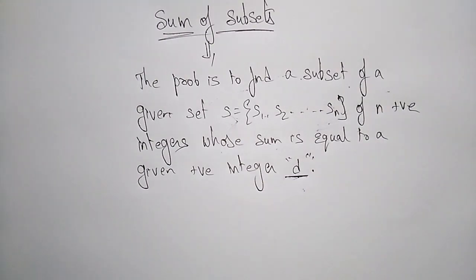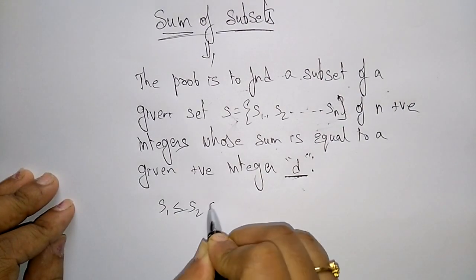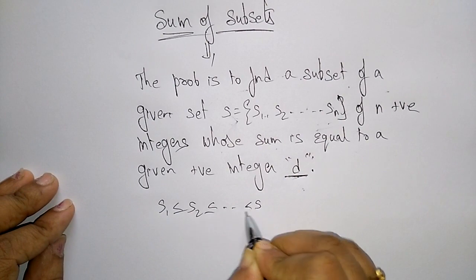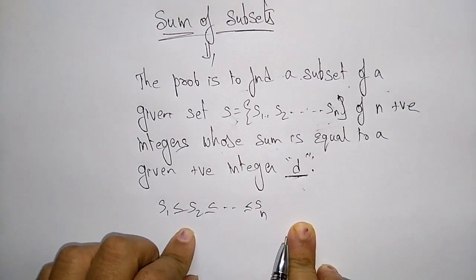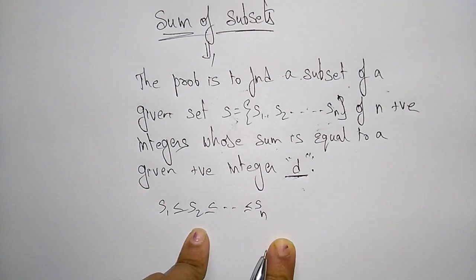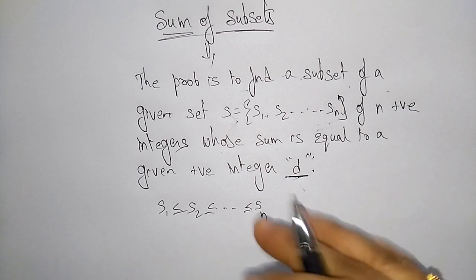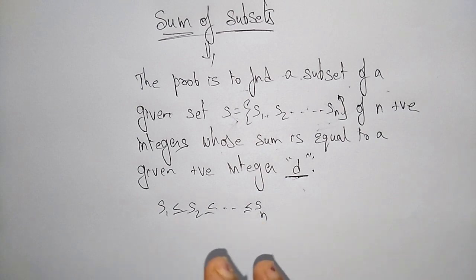Whatever problem you are given, arrange the elements in increasing order, that is S1 is less than or equal to S2 is less than or equal to up to Sn. And each set of solutions does not need to be of a fixed size.